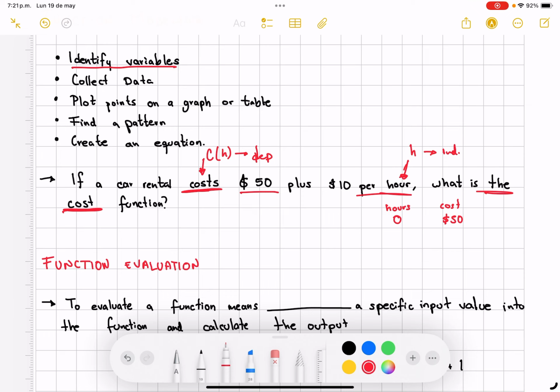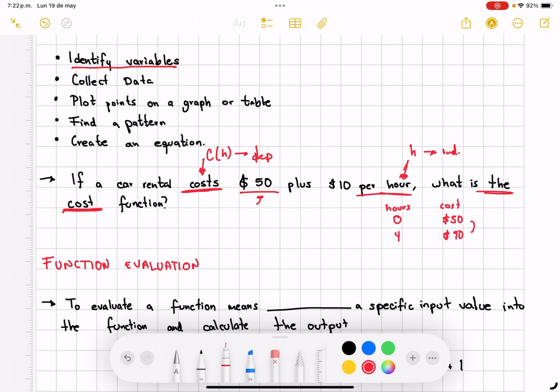But I know that 4 hours later, for every hour that I am using the car, I'm going to pay $10. So I'm going to pay 10 times 4. Okay, 10 times 4 is 40. 40 plus the first 50 is $90.